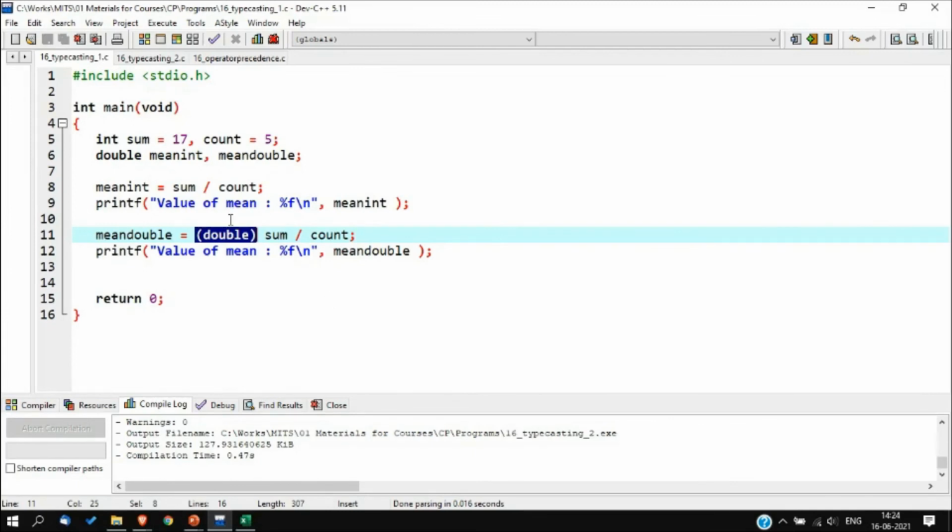So this will typecast the result of sum divided by count. That is actually integers, but that division will be converted to the double type division, and the result is assigned to mean double. Then the mean double will be printed. So let us see how this will be happening.